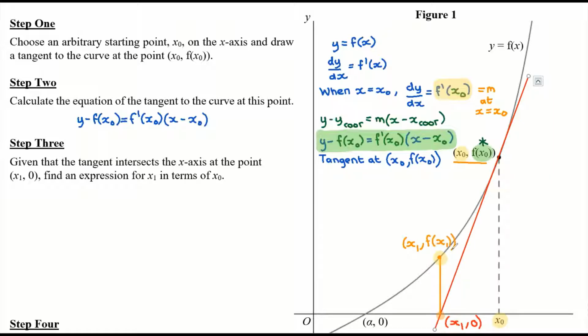So the x coordinate is x1 this time, and the y coordinate is f of x1. So we can now draw a tangent to the curve at the point x1, f of x1.